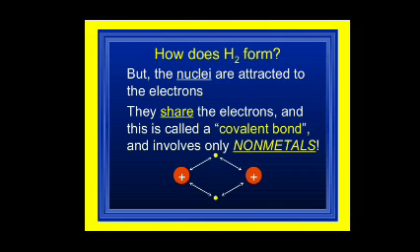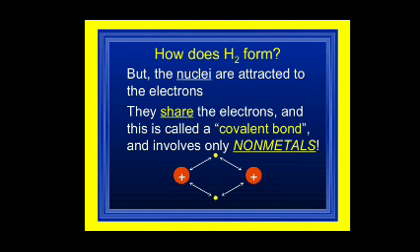Two hydrogen atoms share their valency electrons between themselves so that the two electrons belong to both the atoms.